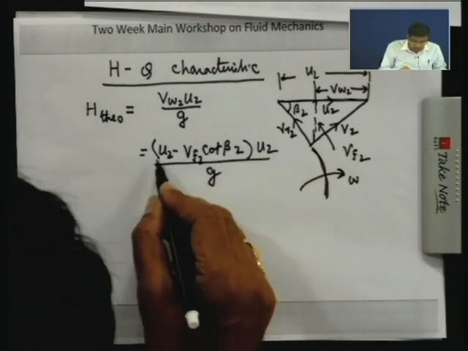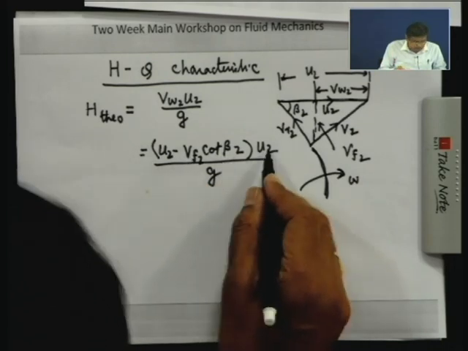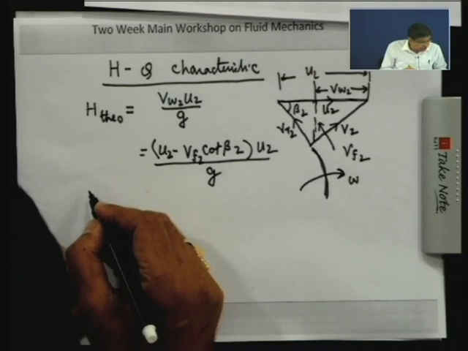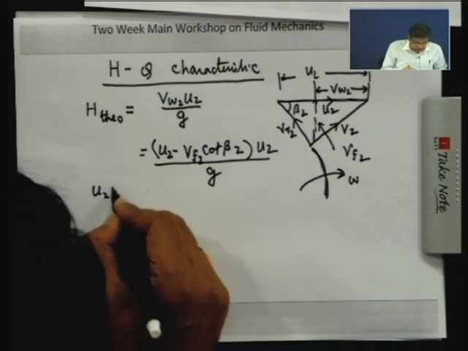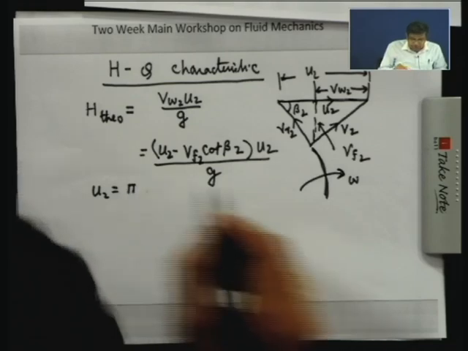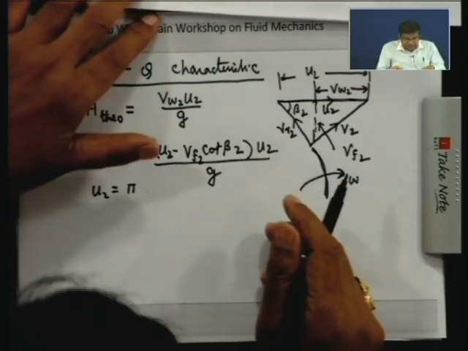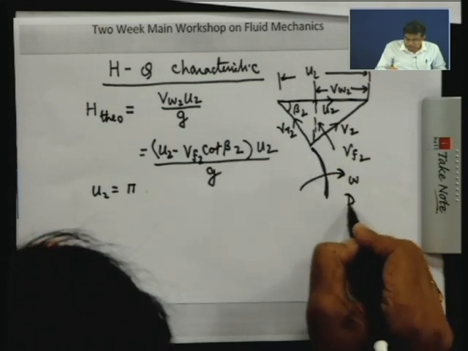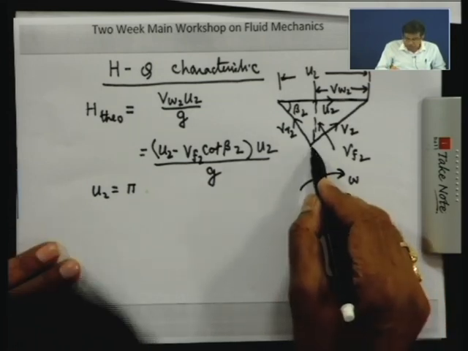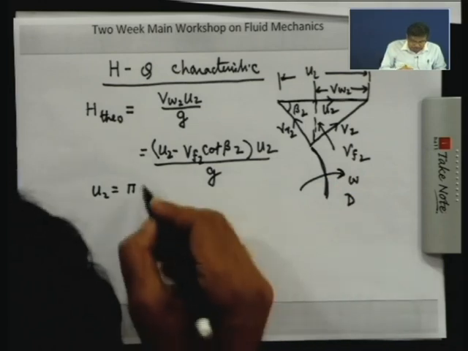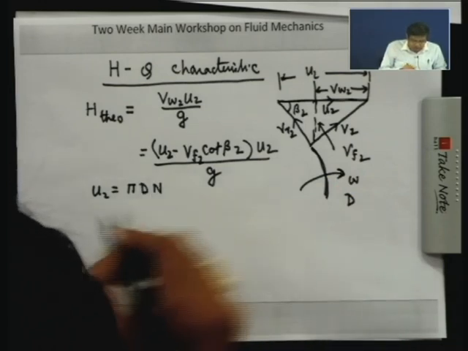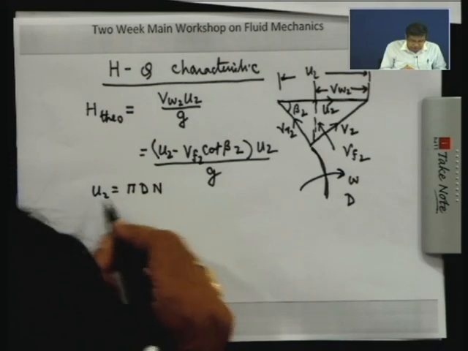Now, U2 minus VF2 cot beta 2, times U2 by g. Now, what is U2? U2 is pi d2 n. I am representing d2 as d, the impeller diameter. This is one parameter d we define here. The diameter of the impeller means the outer diameter, pi d into n. So U2 is pi d n.